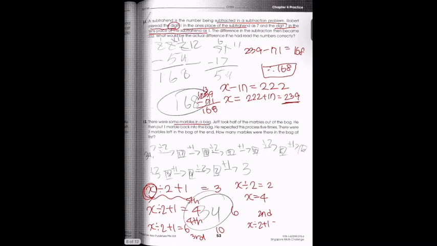I misread the step. So x is going to be 10 minus 1 times 2, so it's going to be 18. And finally, our first time, x divided by 2 plus 1 must be 18. And so x should be 18 minus 1 times 2, which is 17 times 2, so we get 34. So he started with 34 marbles.